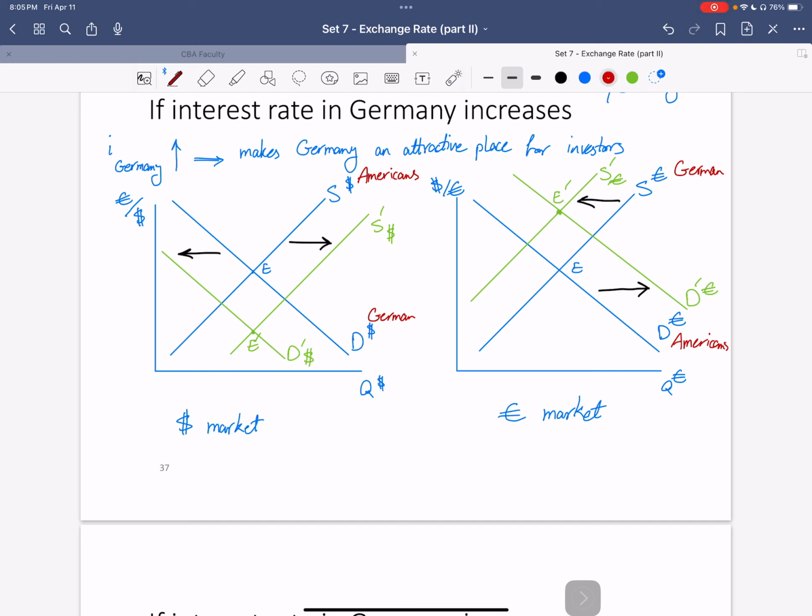Okay, and finally, let's see what happens to the prices. Now we want to compare the price of each currency. We see that the dollar depreciated as a result of an increase in the interest rate of the other country, and the euro appreciated.